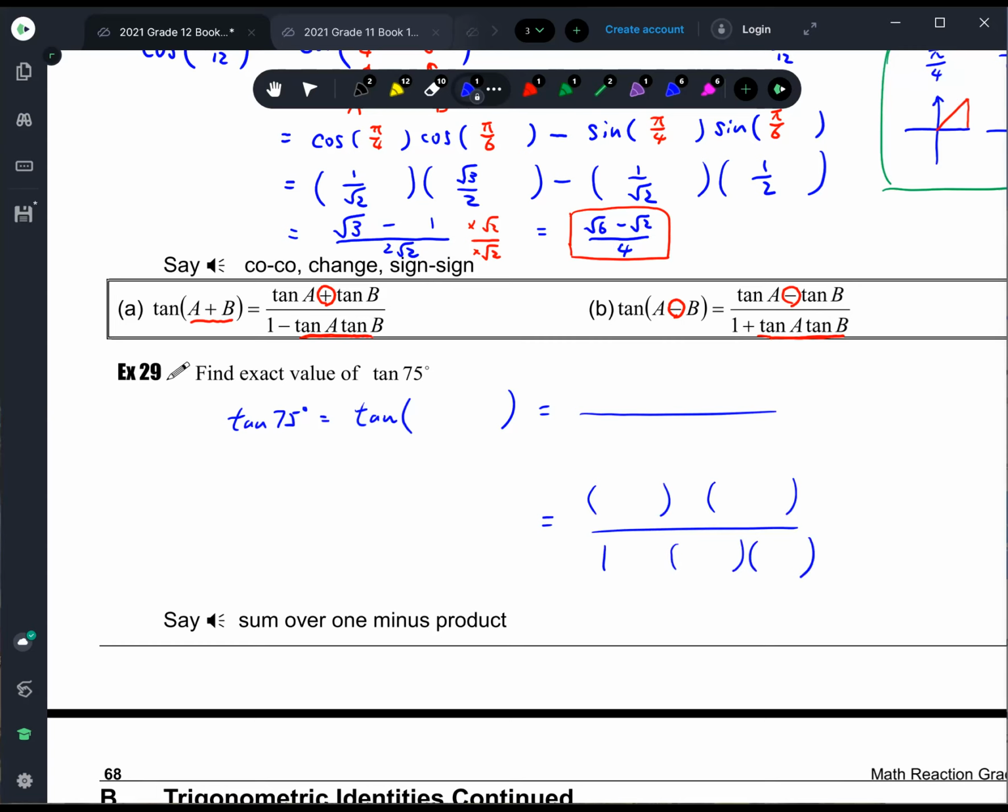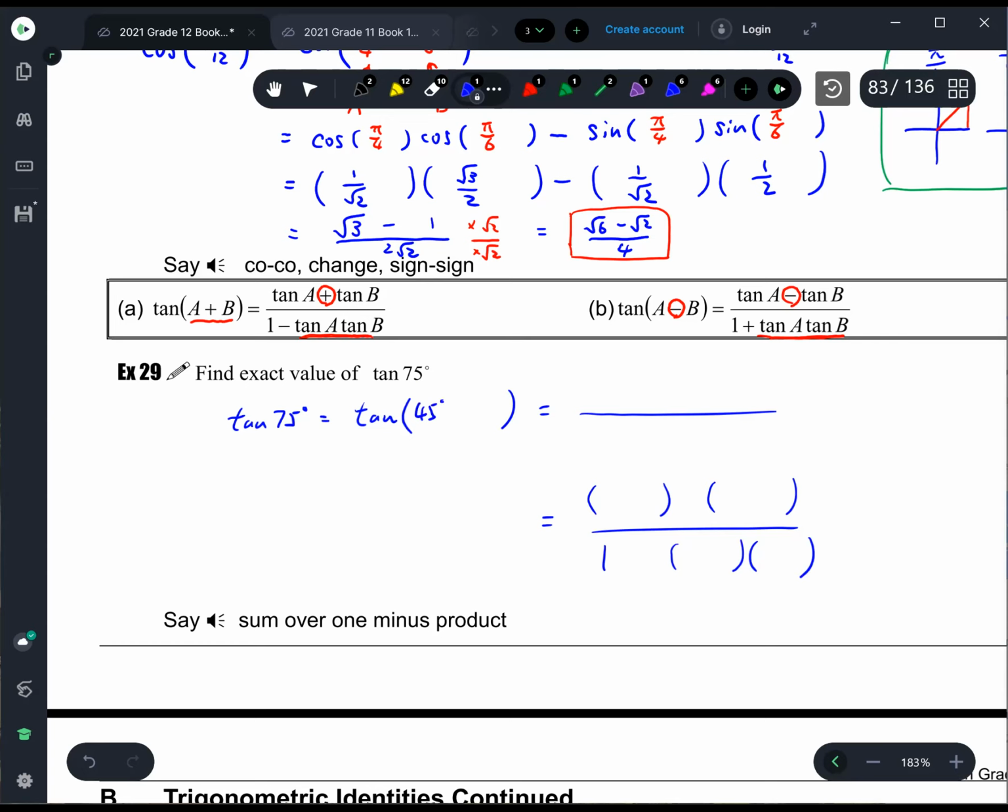This one is not too difficult to find, 75 degree. Can you raise your hand if you have the 2 angles that can make 75? I think this one is pretty obvious, right? Marcus, what did you pick? 45 and 30. Yeah, very good.